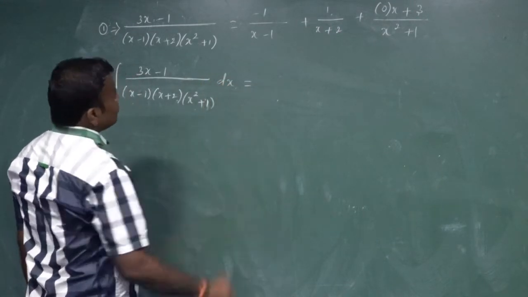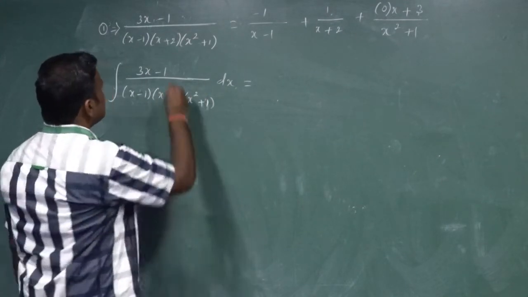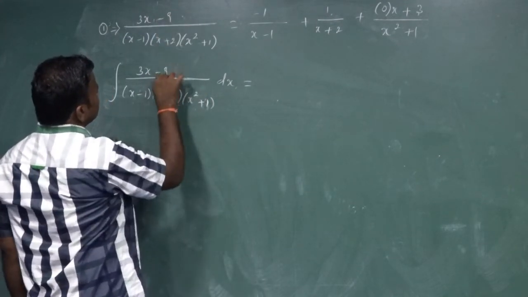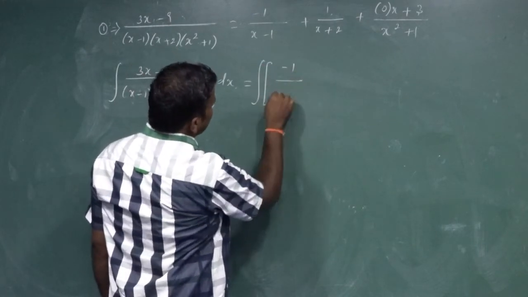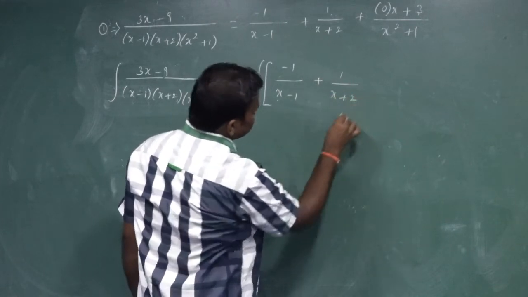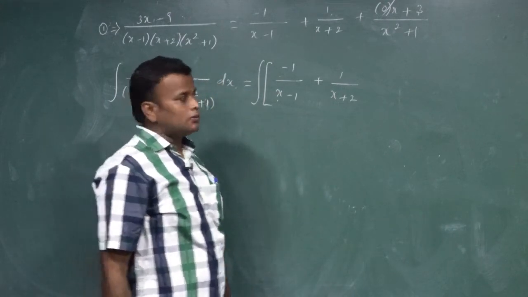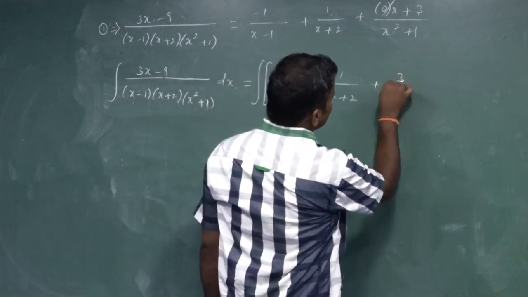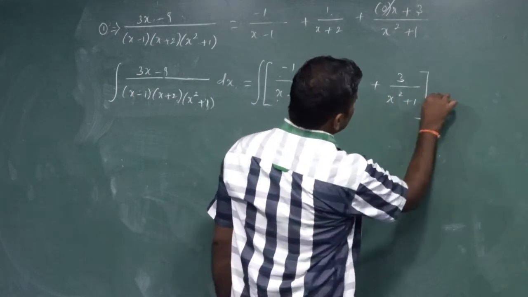We integrate the term with respect to x, dx, which equals integration of minus 1 divided by x minus 1 plus 1 divided by x plus 2. I leave this 0 term, 0 into x is 0, plus 3 divided by x square plus 1, into dx.